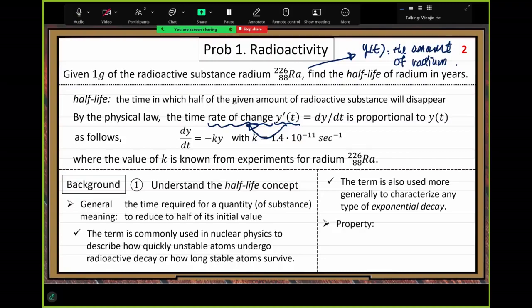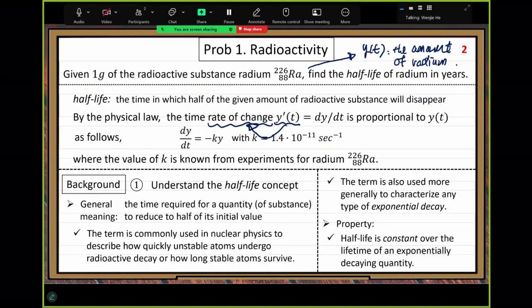So here, the half-life is constant over the lifetime of an exponentially decaying quantity.